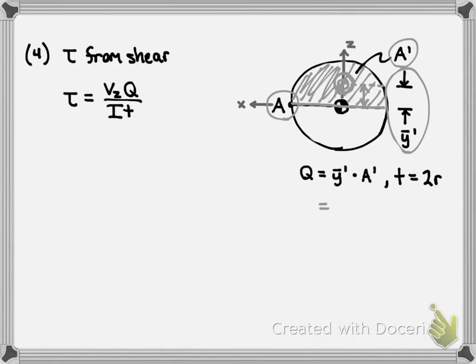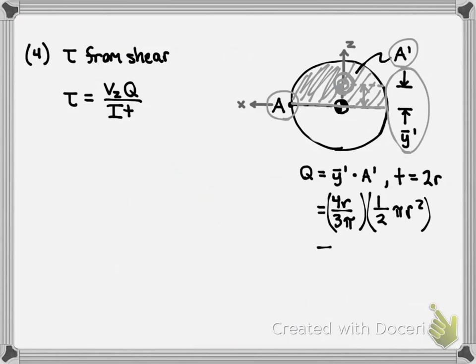So we can plug those values in. I know from my cheat sheet that the centroid of a semicircle is 4r over 3 pi horizontally, and my area is a semicircle, so 1/2 pi r squared.